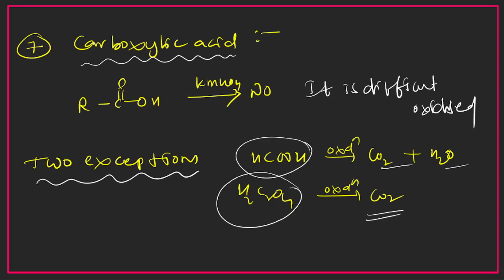So carboxylic acid is generally not oxidized. The two exceptions are formic acid, which on oxidation gives carbon dioxide, and oxalic acid, which on oxidation gives carbon dioxide. See, have a look at the next.